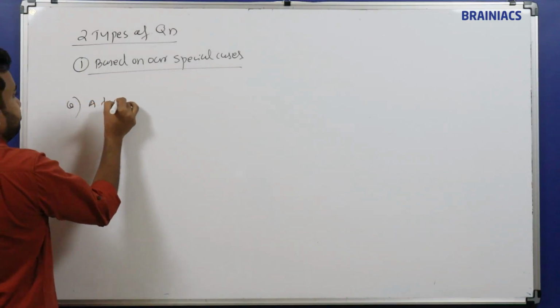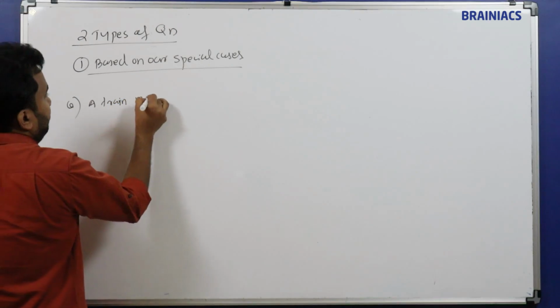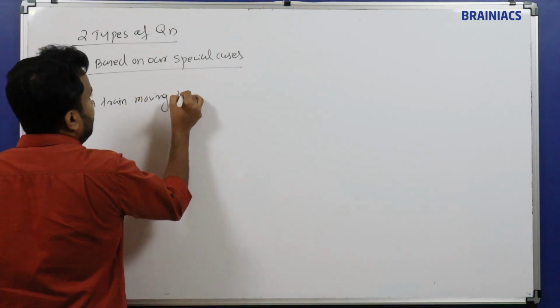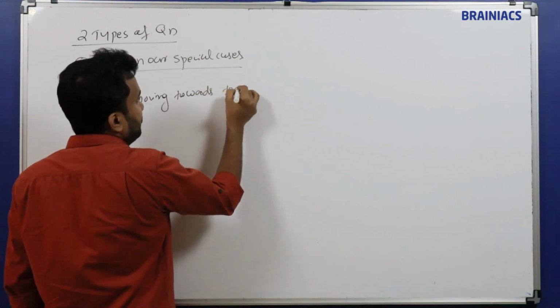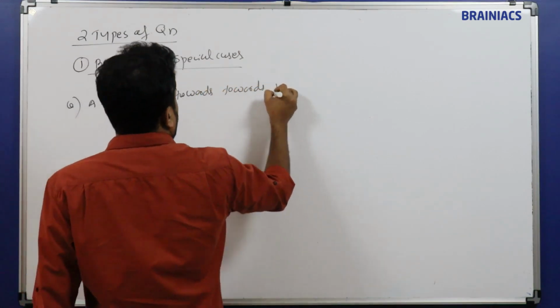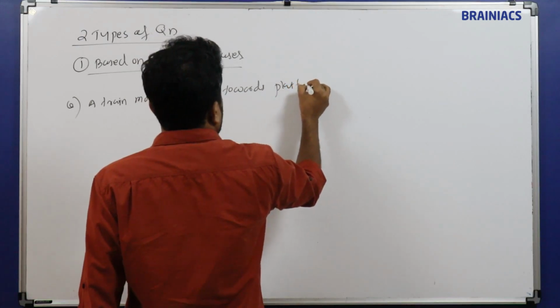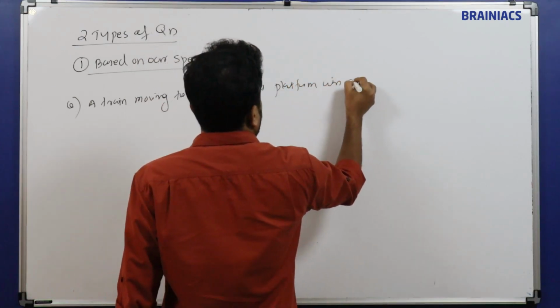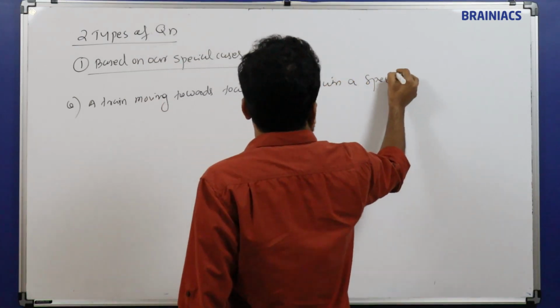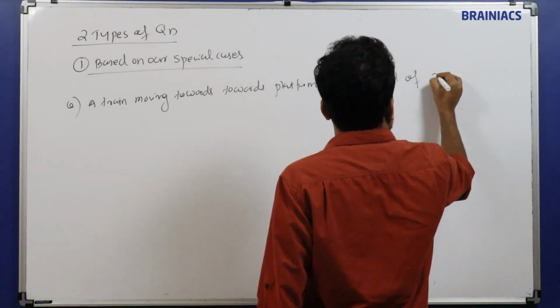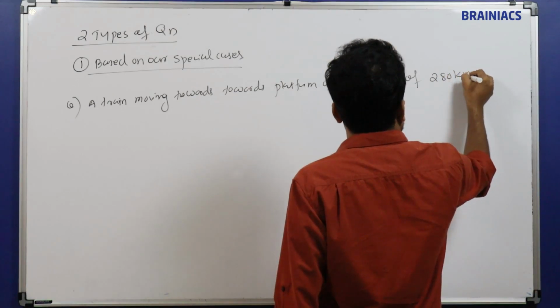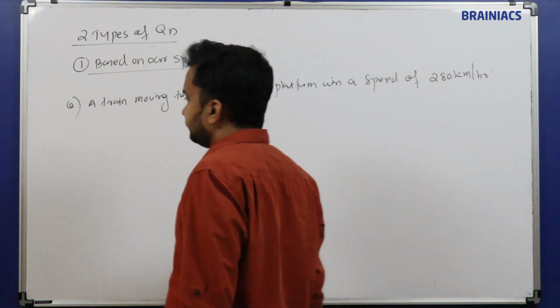A train moving towards a platform with a speed of 280 kilometer per hour.